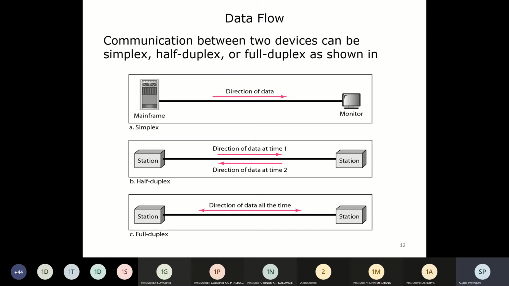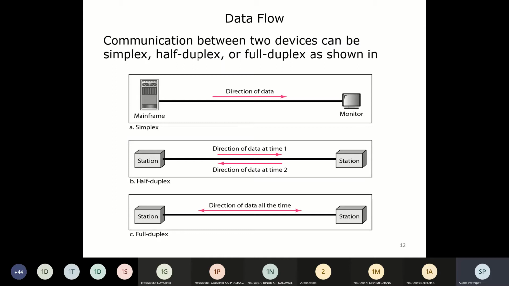In the diagram, you can see a source and a destination, and the pink directed line represents the data transmission. In simplex, there is only one way of data transmission, from the source to the destination.